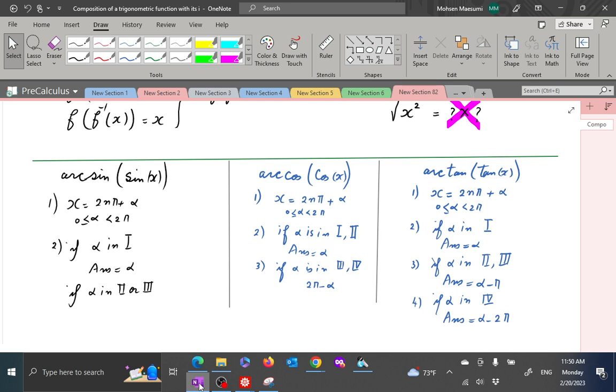If alpha is in quadrant 2 or 3, the answer to our problem becomes pi minus alpha.